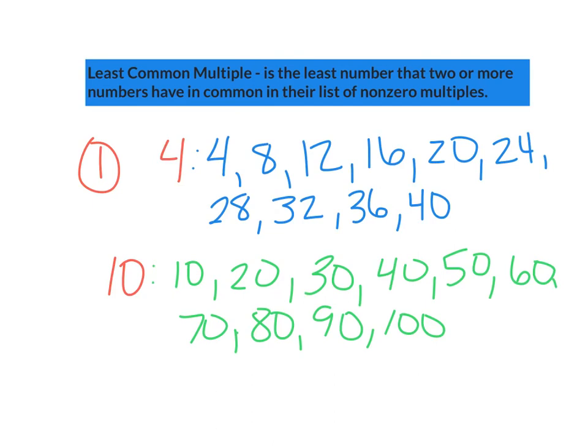So now let's see which ones are common in both lists. We have a 20 here and a 20 here. We have a 40 here and a 40 here. And that's it on both lists. So out of those two options, 20 or 40, which one is the least? 20.